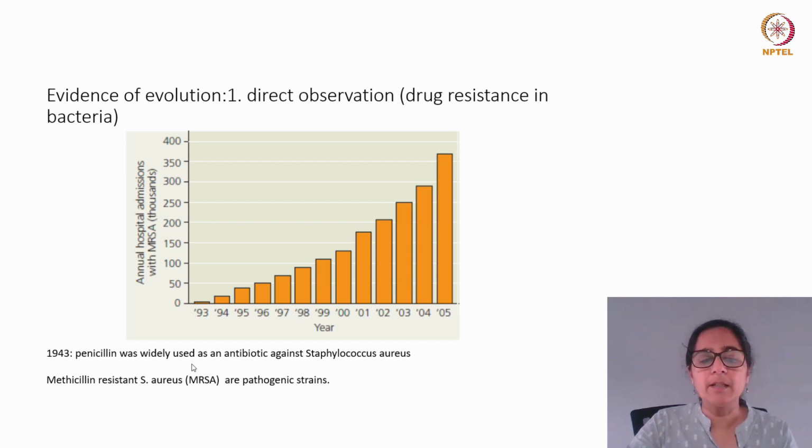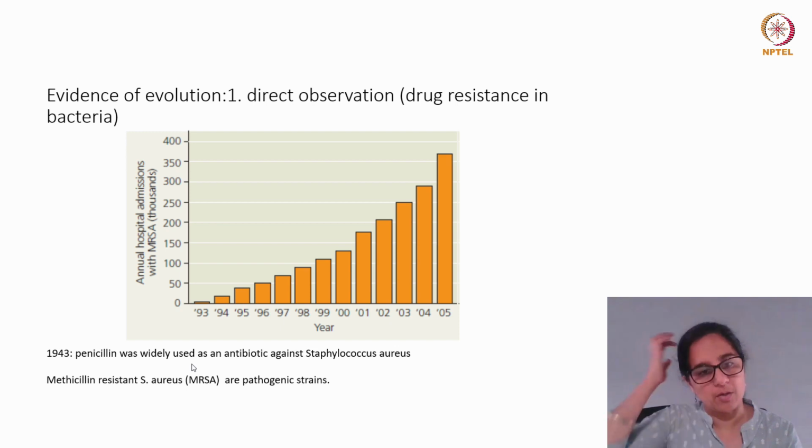Methicillin was produced, and of course, people were very happy because it killed Staph aureus. But again, as expected, or not very surprisingly, there were methicillin resistant strains of this Staphylococcus aureus. That's known as MRSA, that is methicillin resistant Staphylococcus aureus.